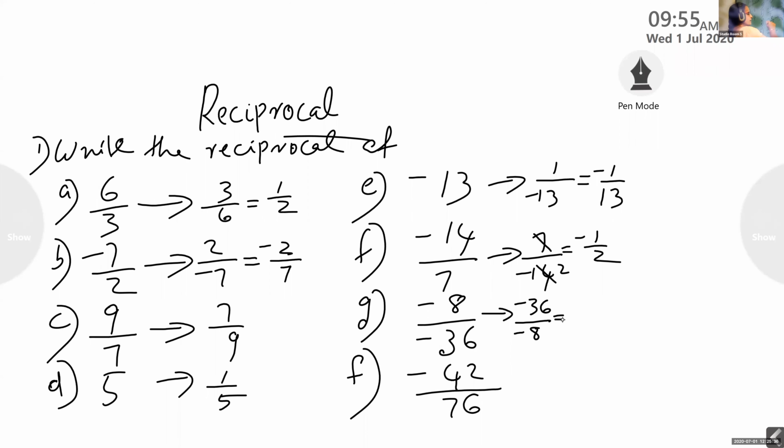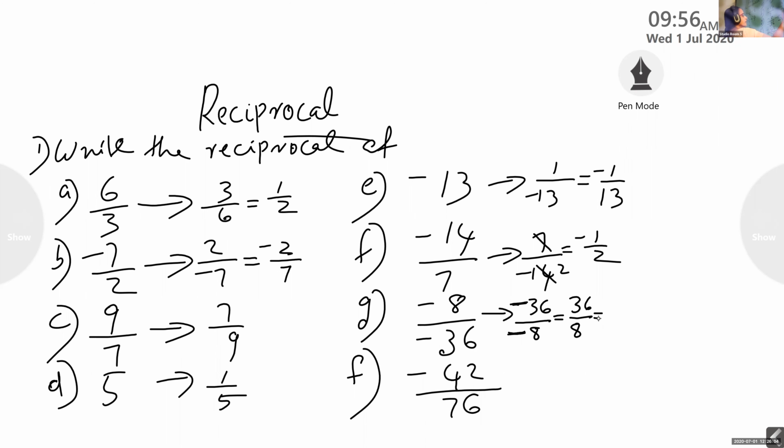Both numerator and denominator are negative, so negative by negative is positive. Good. So we can write it as 36 by 8. And again we can simplify.